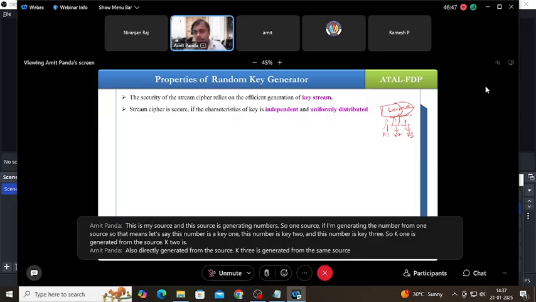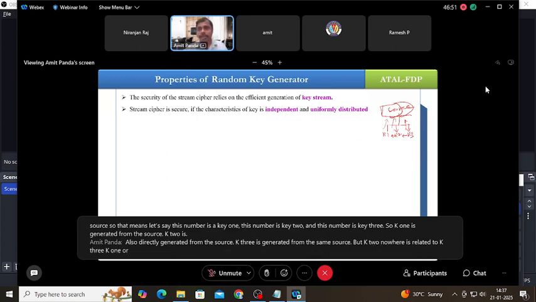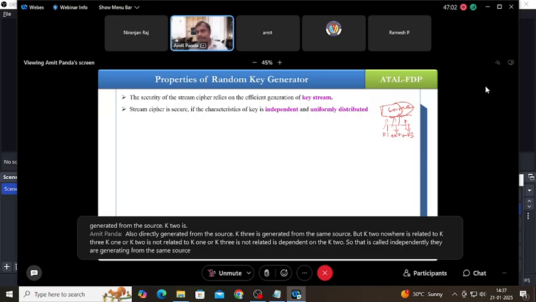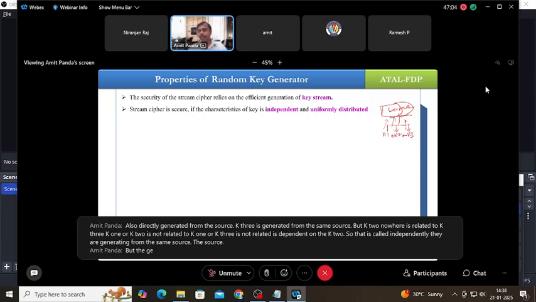But K2 is nowhere related to K1 or K3, and K3 is not dependent on K2. So they are generated independently from the same source. The source is the same, but the generation of a number is not dependent on the previous number.